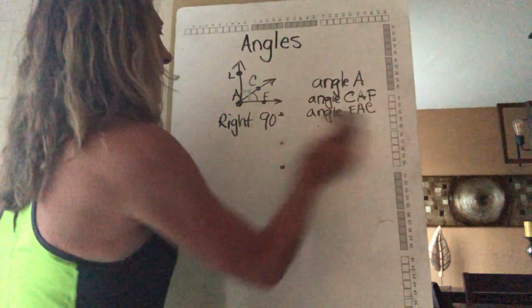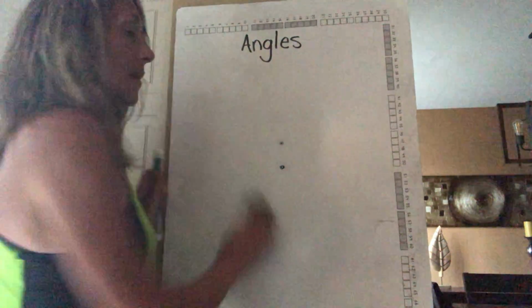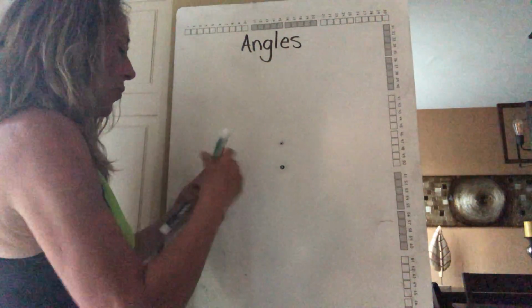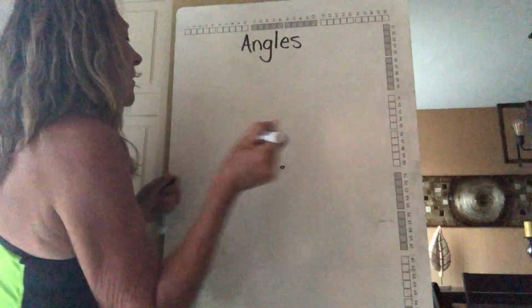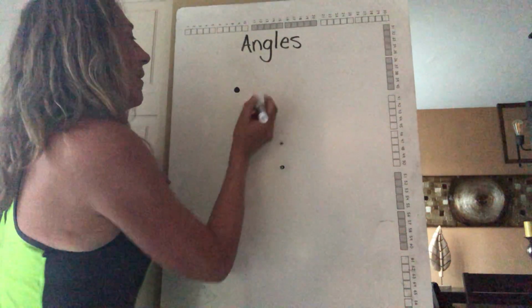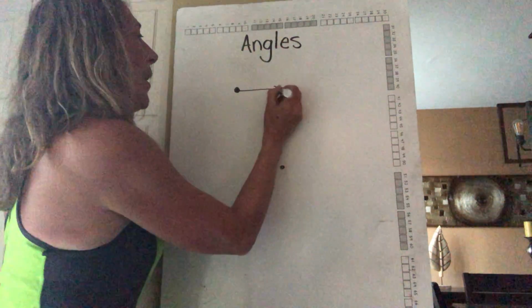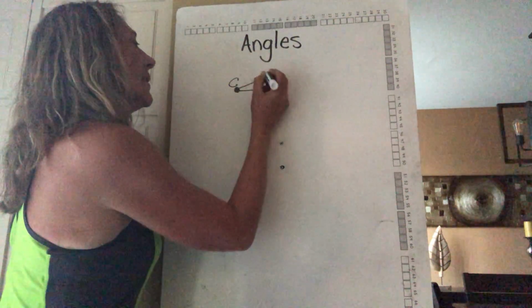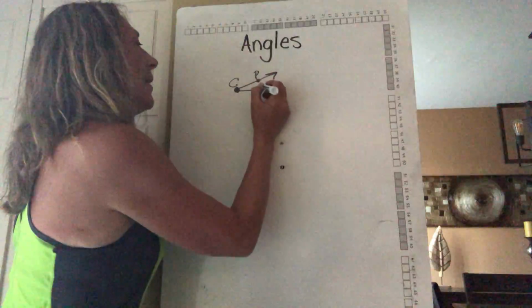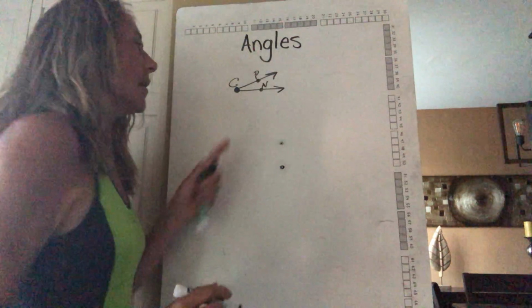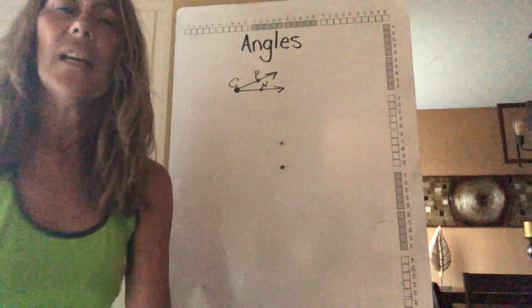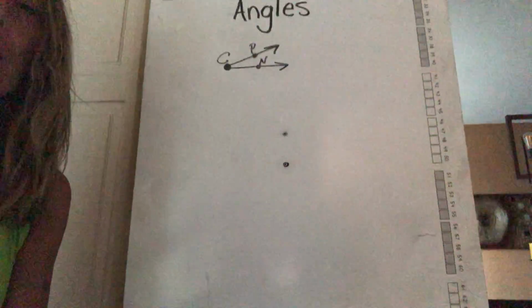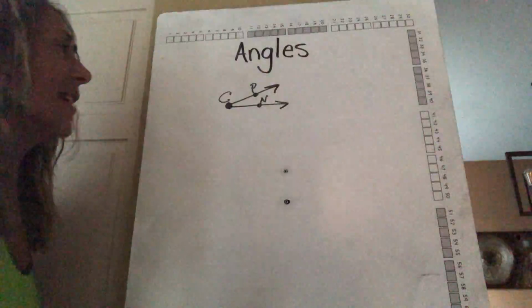Let's take a look at this again. I'm going to start with my vertex. I'm going to do my bottom ray, and I'm going to do my top ray. And I'm going to give that C, P, N. So this angle, and I'll zoom in a little bit closer so you can see, that angle has several names.